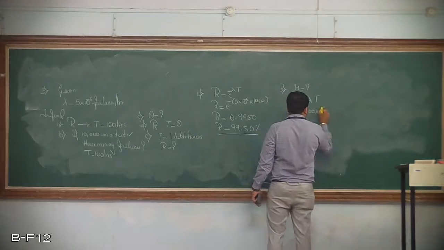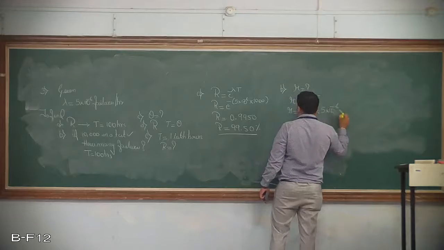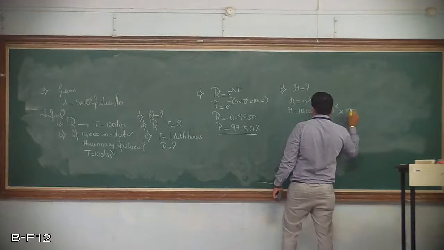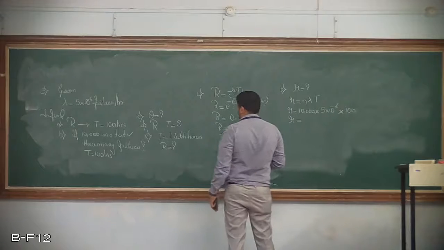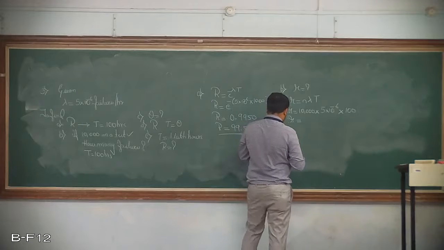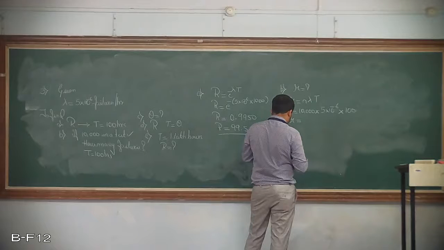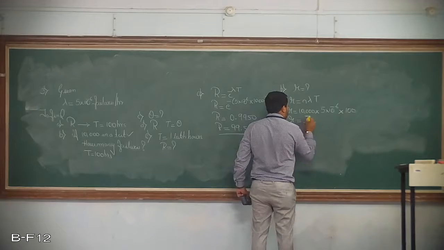We know it is 5 into 10 raised to minus 6, and time period is again given as 100 hours. So the number of failures will come as 5.